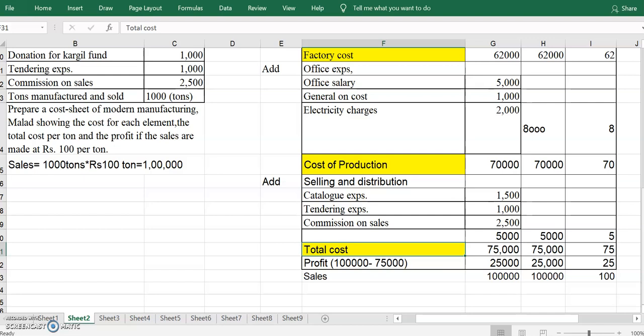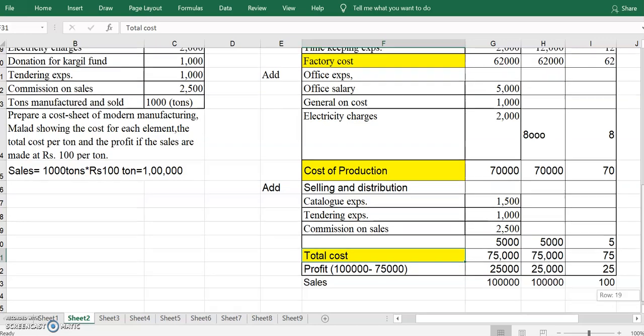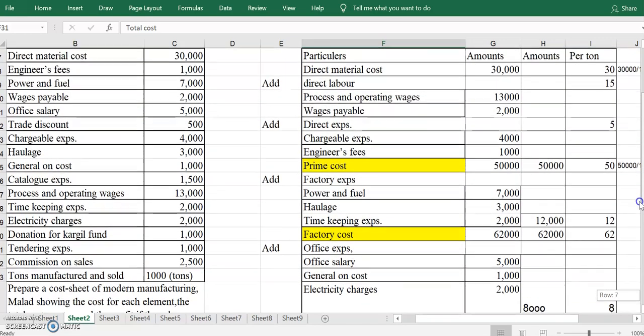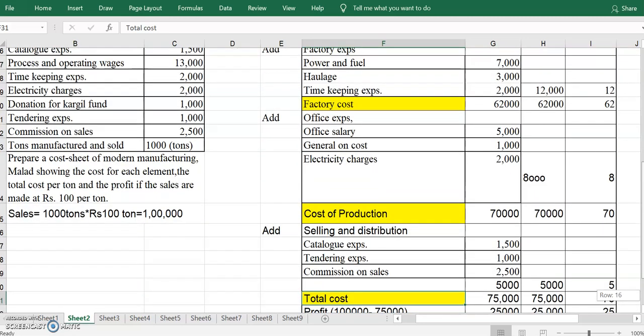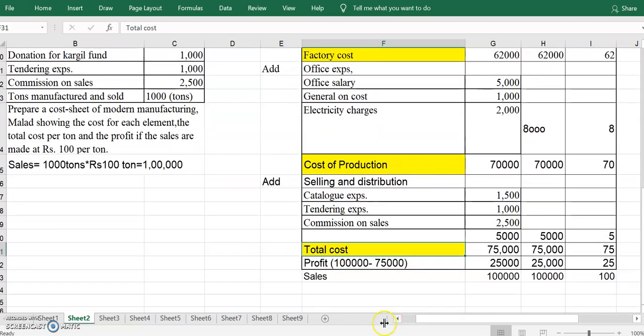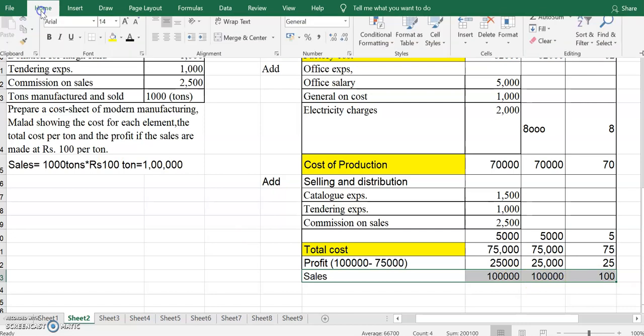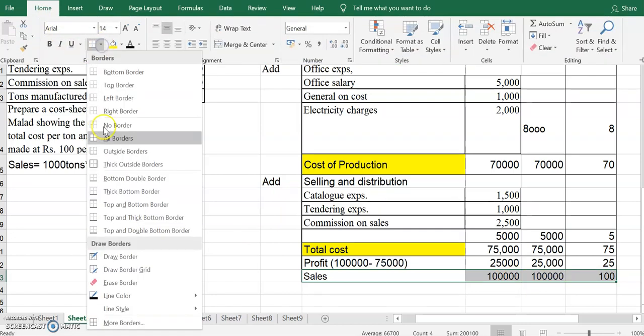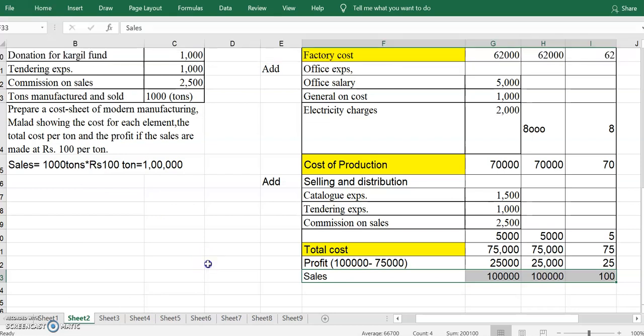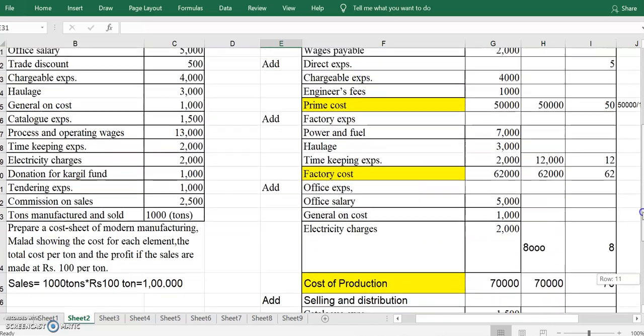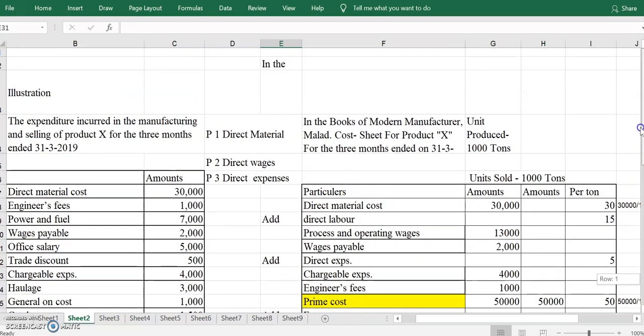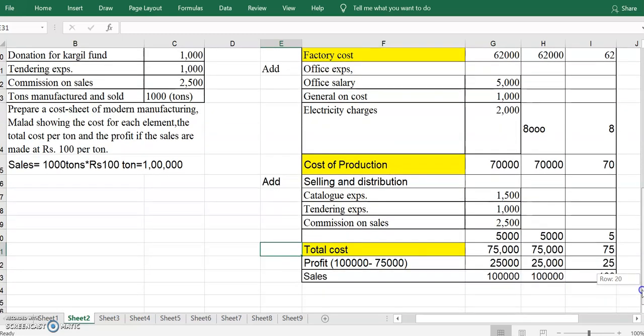So this is your simple cost sheet where you can find the various costs, prime cost, factory cost, cost of production, total cost, as well as profit and sale. In this way we solve our question and find the selling price as well as profit per unit. Profit per unit is rupees 25 per ton.